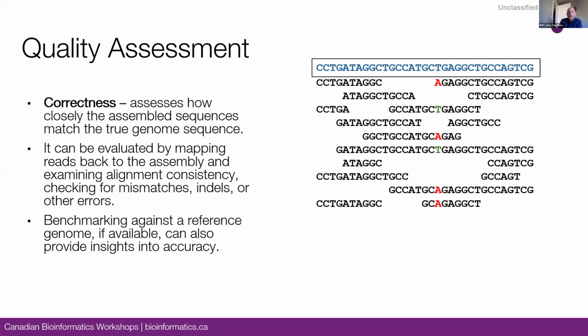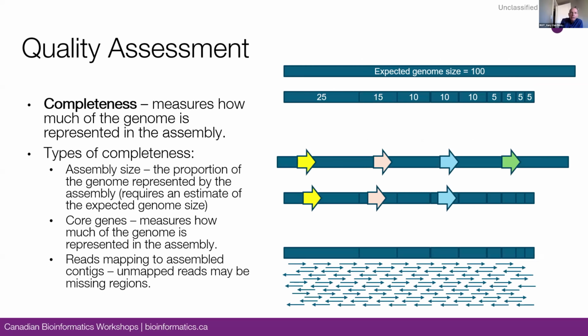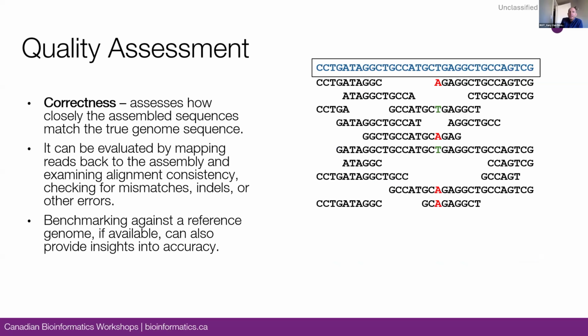Okay, so we've covered completeness and correctness. Correctness is just how closely the assembled sequence matches the true genome sequence. Again, mapping the reads back to the assembly, looking for alignment consistency and checking for mismatches and other errors is the way to go. You can also benchmark it against a reference genome if you have a reference genome that you can rely on.